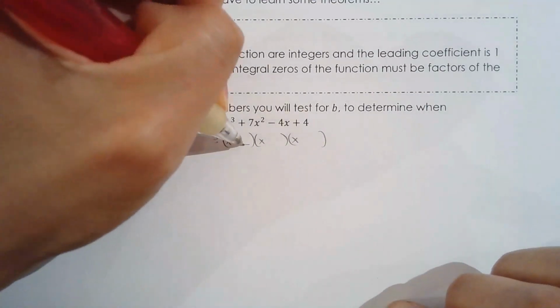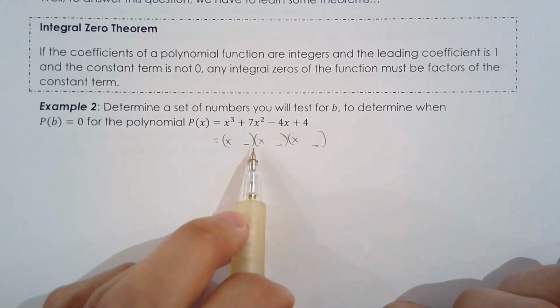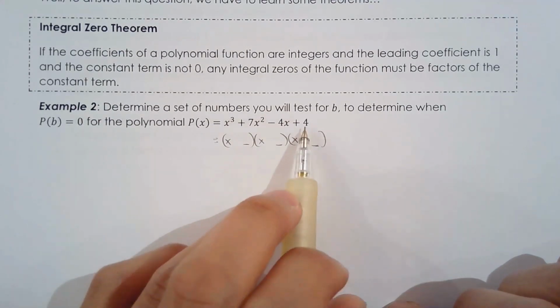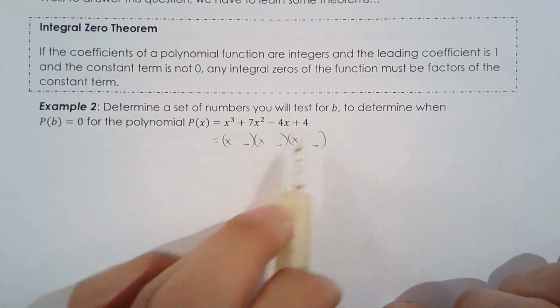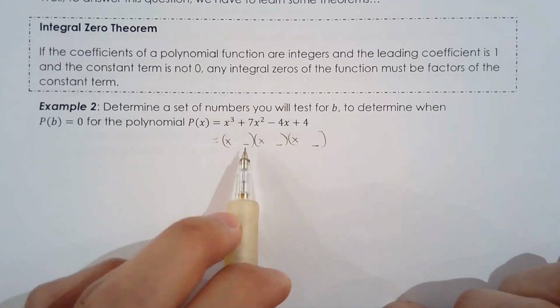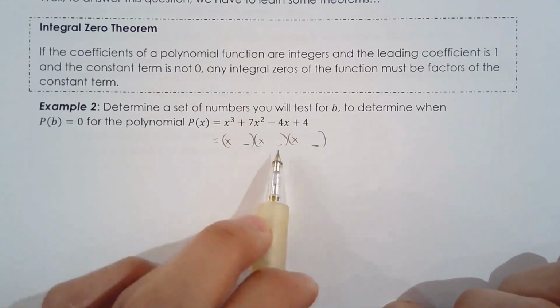Now, the values that I'm going to put here for the constant term of each binomial, what must they be? They must be factors of 4, right? Because I have to multiply it to get 4. If they were integers, if it was factorable, they have to be factors of 4.